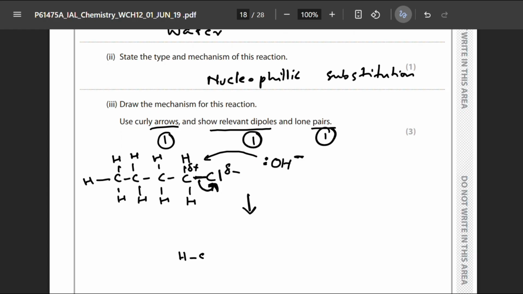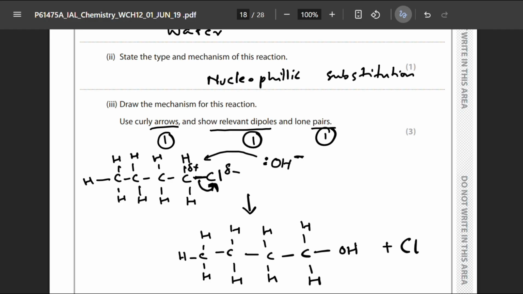As a result, substitution will happen, and this is called nucleophilic substitution, and the OH ion acts as a nucleophile here. So the OH comes in place of chlorine, and chloride will form.